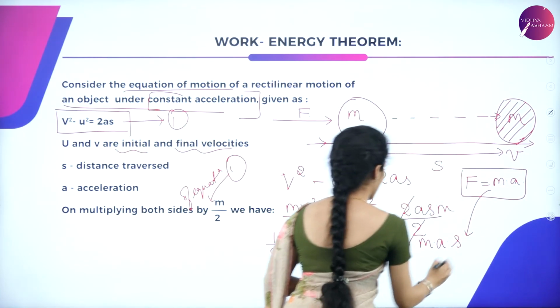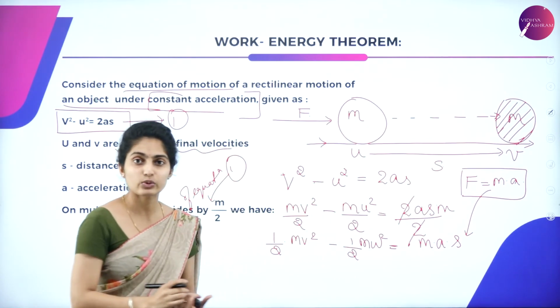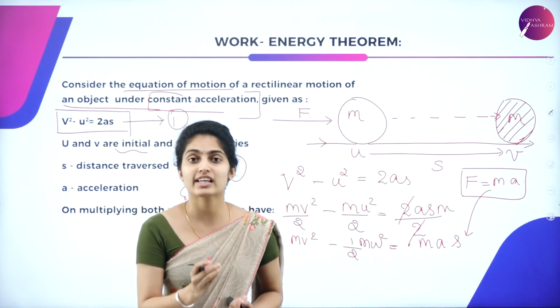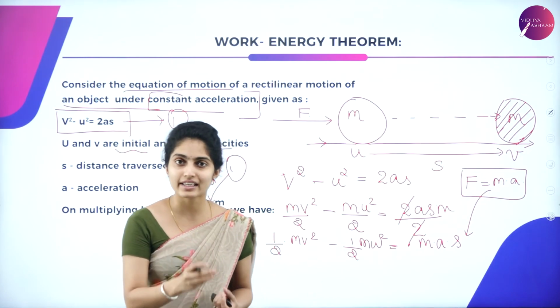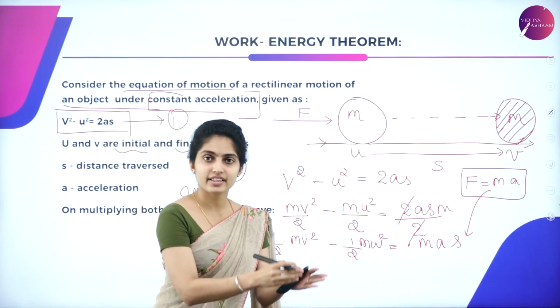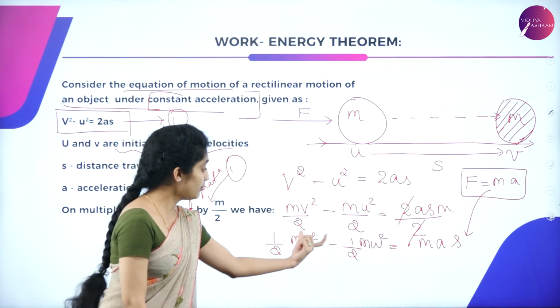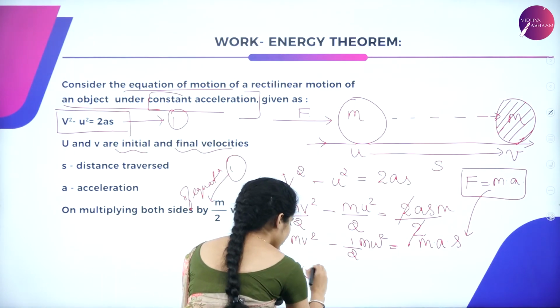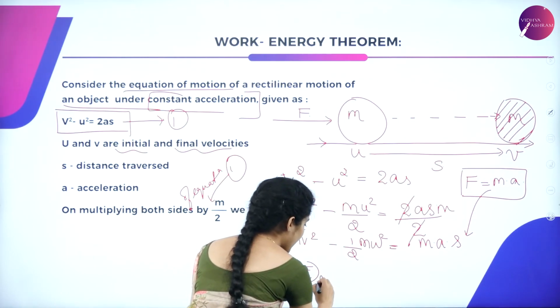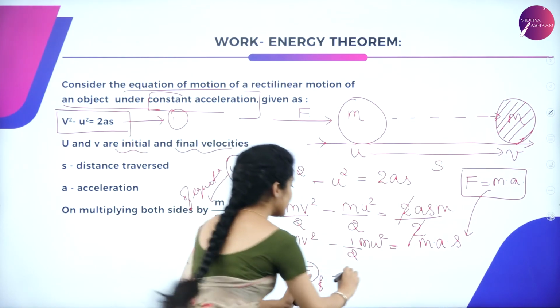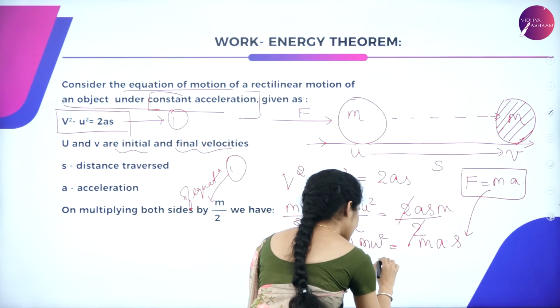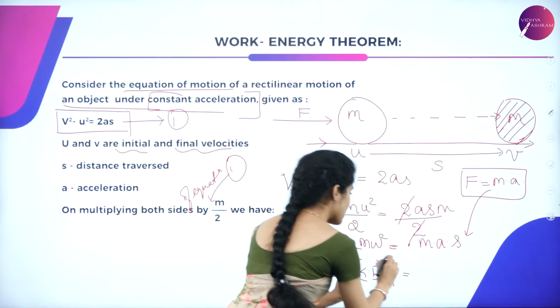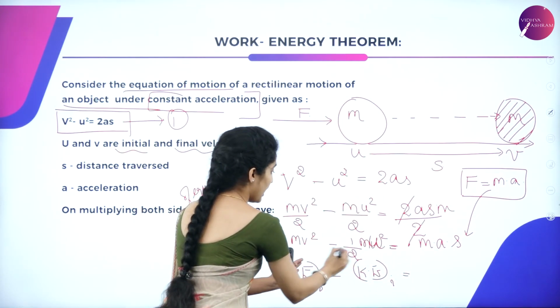So by that you have got half mv square, and half mv square is the formula for kinetic energy. So what is your kinetic energy? Half mv square. So it will be the kinetic energy of the final position minus the kinetic energy of the initial position, because this is u and this is v.